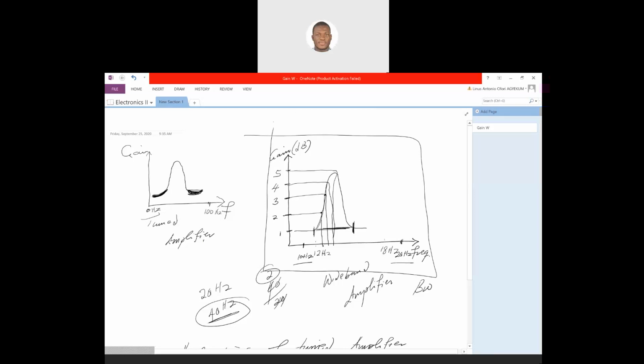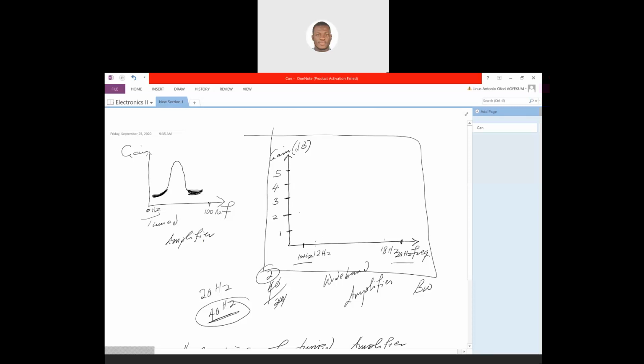What we said basically was that, can you see my screen? Yes. What you see here is what we termed the wideband amplifier frequency response, okay?